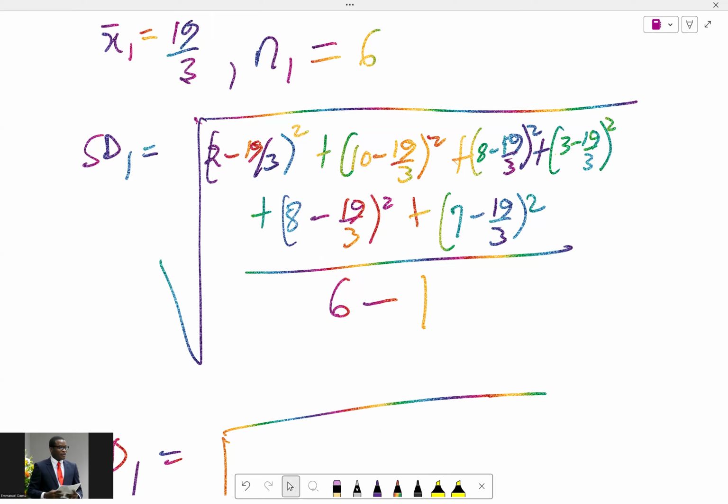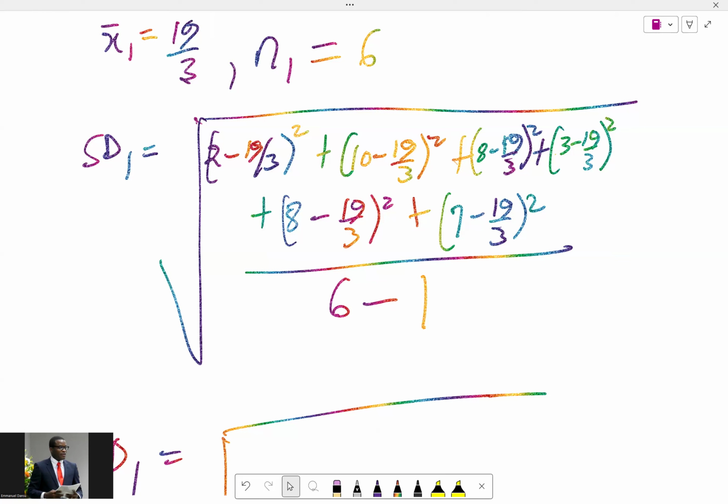So the next is plus 8 minus 19 over 3 squared, then plus 3 minus 19 over 3 squared, then plus 8 minus 19 over 3 squared, plus this 7 minus 19 over 3 squared.